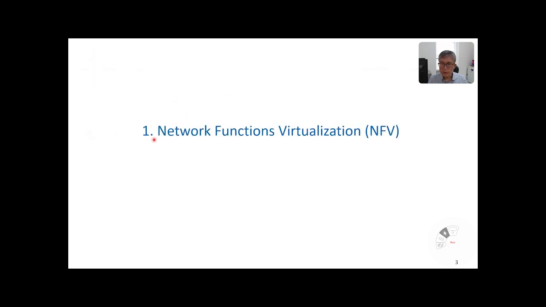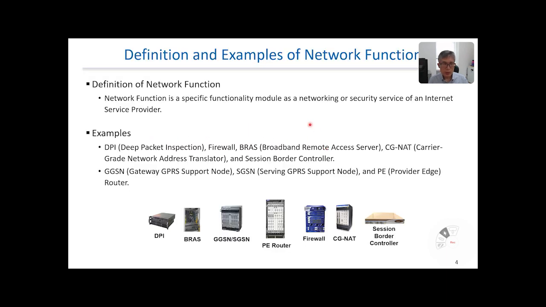The first topic is network functions virtualization, NFV. Basically, NFV is a specific functionality module as a networking or security service for an internet service provider. It is called the ISP.